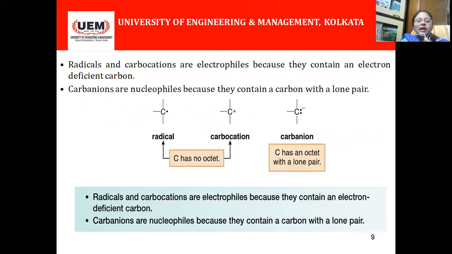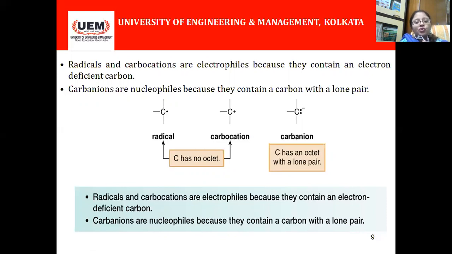Now, radicals and carbocations are electrophiles. Now, you are getting a new term called electrophiles. What are electrophiles? An electrophile is an electron-loving species. Philes means loving, electron means electron. So, an electron-loving species is called an electrophile. Now, radical and carbocation, because both are lacking octet fulfillment, they seek more electrons.